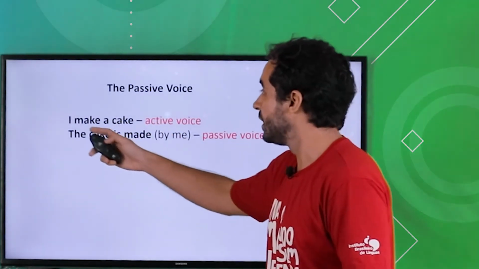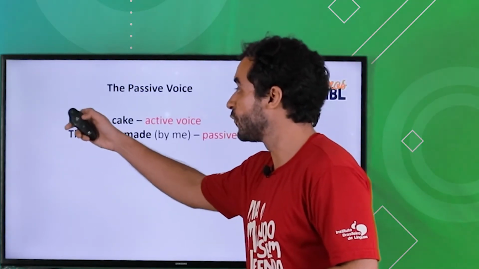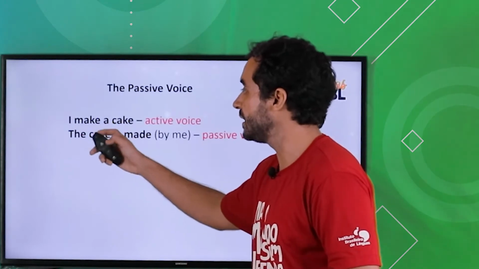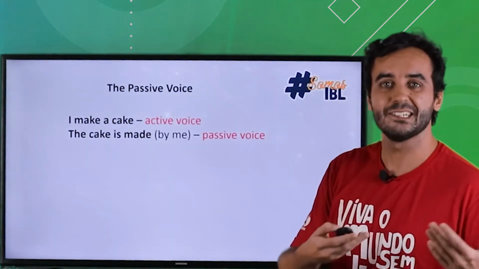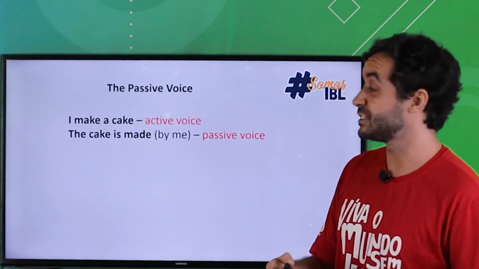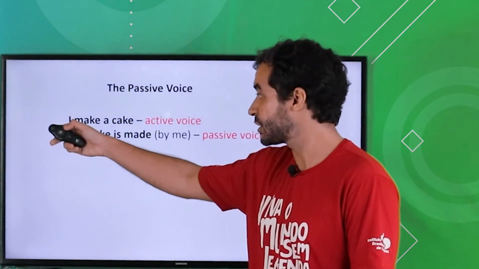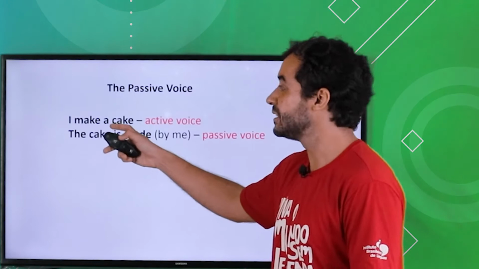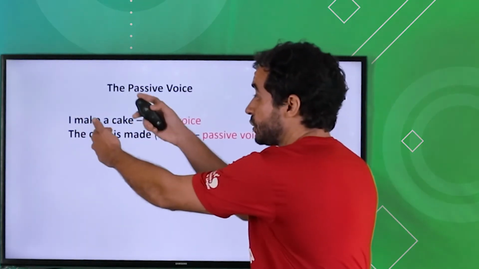So normally you have a subject, then a verb separating the subject from the object. I make the cake. But sometimes you want to emphasize not the person or thing that does the action, but the object. So you can switch places.